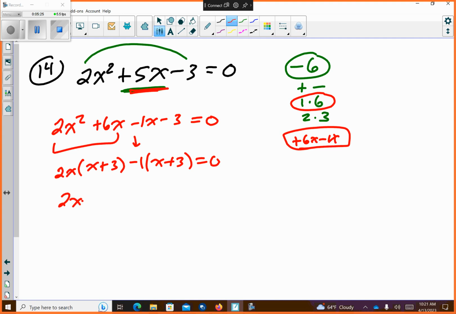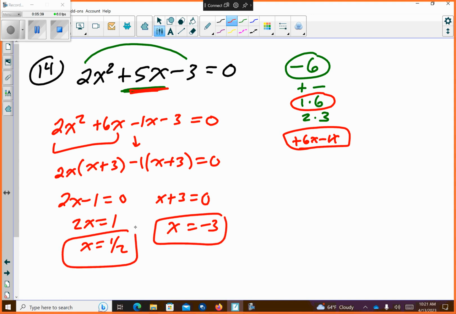So I get 2x minus 1 equals 0 and x plus 3 equals 0. So add 1 to both sides, divide by 2, subtract 3 from both sides. There's my two answers.